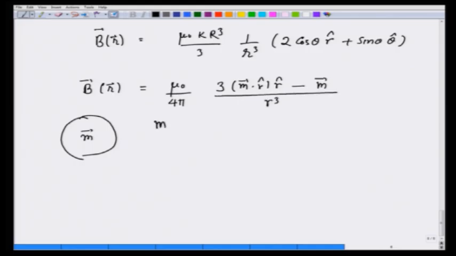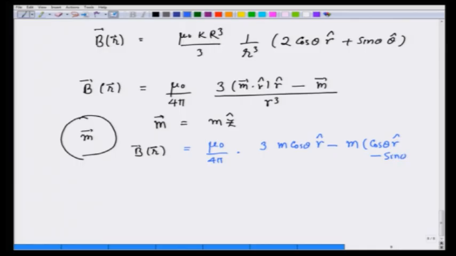Let us take m in the z direction with magnitude m_z, then I have B(r) is equal to mu naught over 4 pi times 3 m dot r, which would give me m cosine theta, r unit vector minus m_z unit vector, which I will decompose into theta and r components, which then gives me cosine theta in r direction minus sin theta in theta direction divided by r cubed.